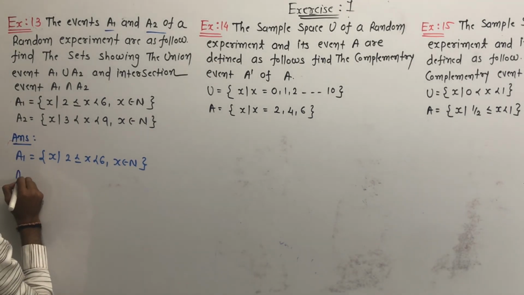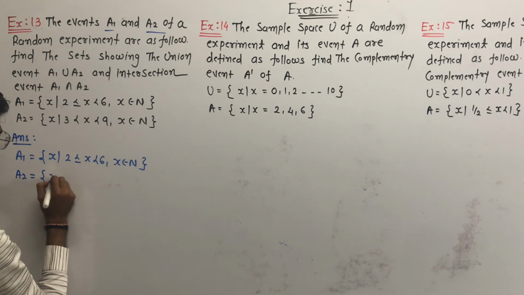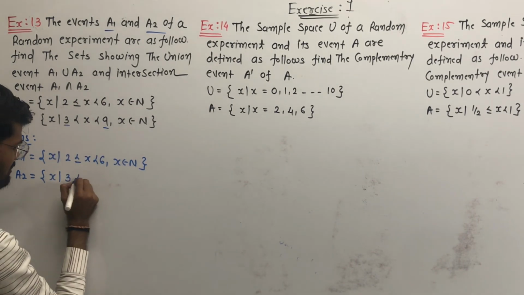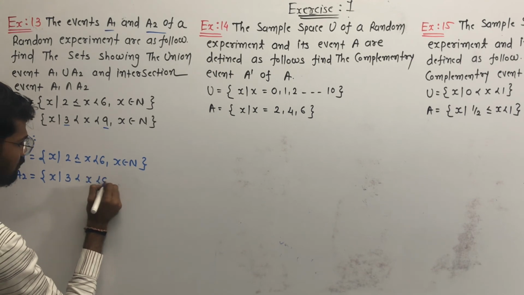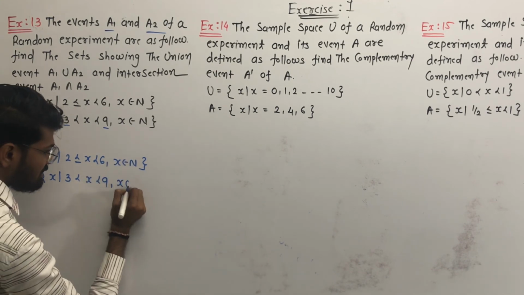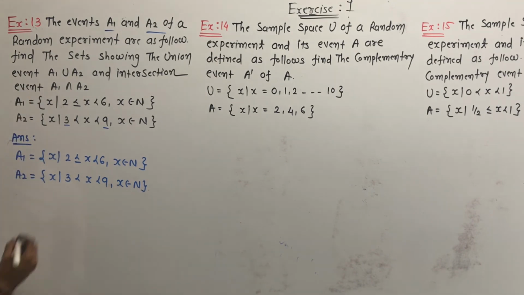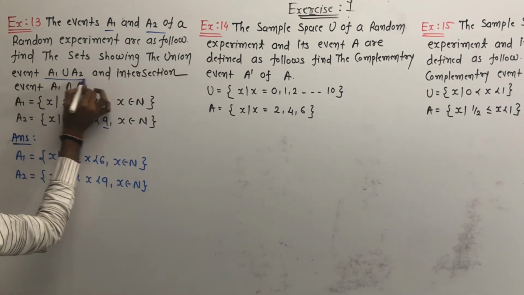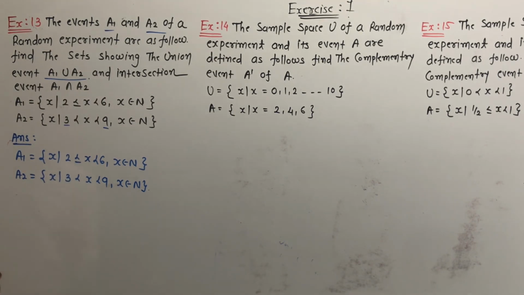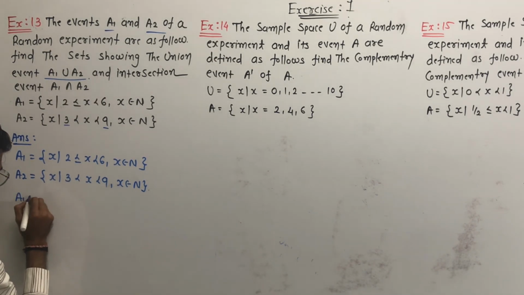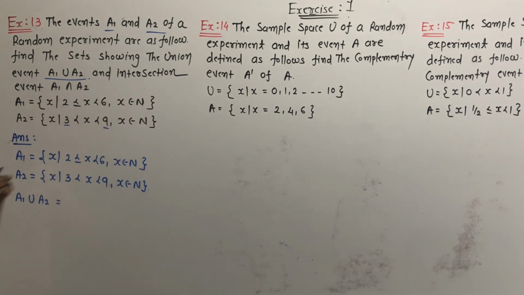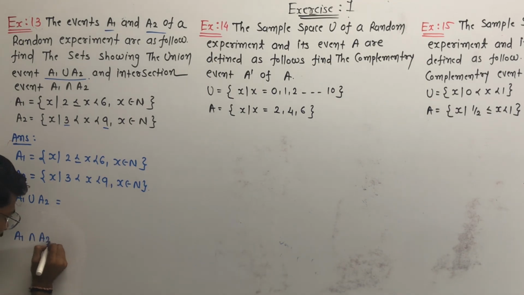Then event A2 is equal to x, where x is in between 3 to 9, and also x is an integer number. Clear? Okay, so find the set showing the union of events A1 and A2, and we also find the intersection of events A1 and A2.